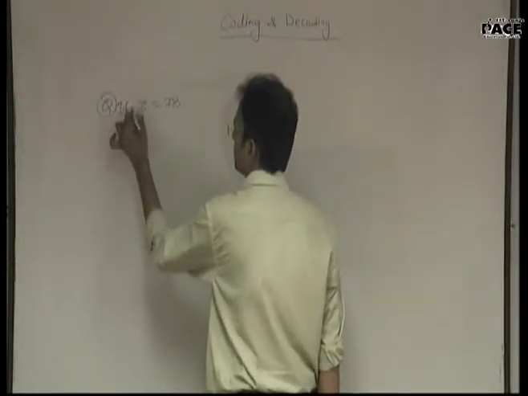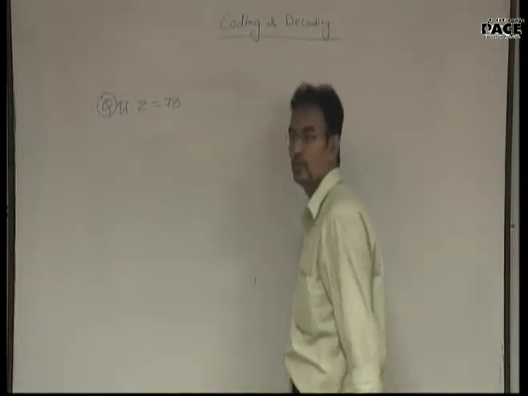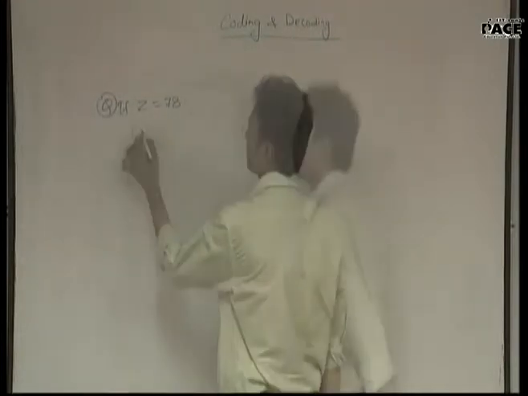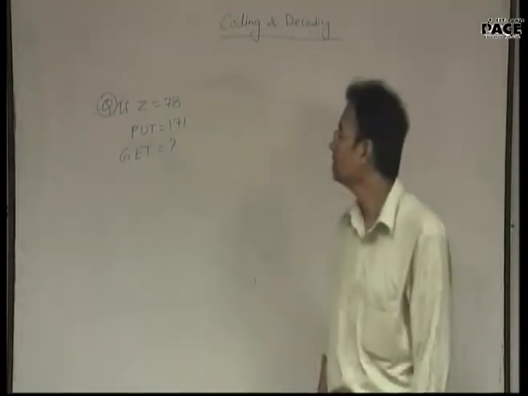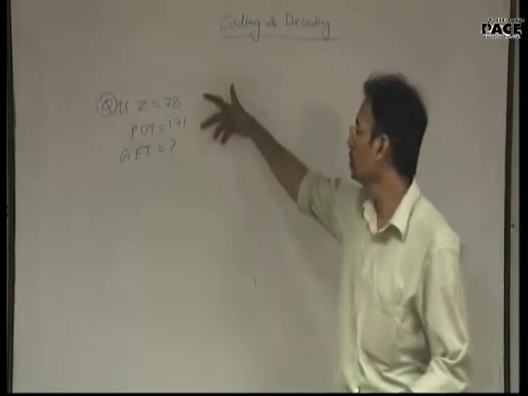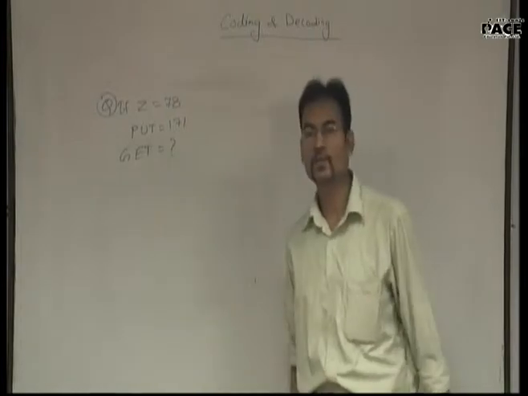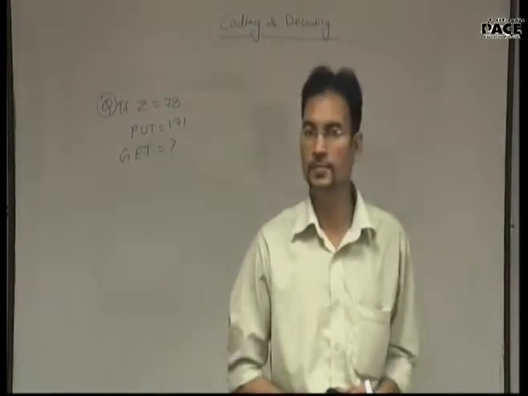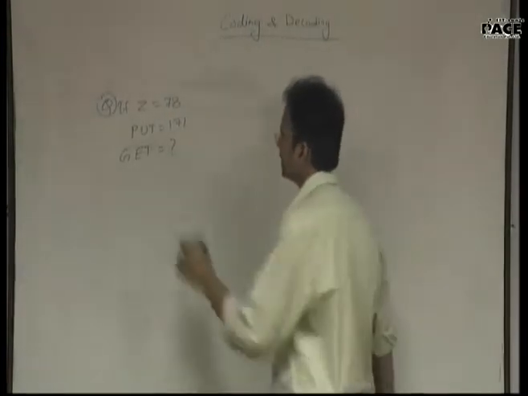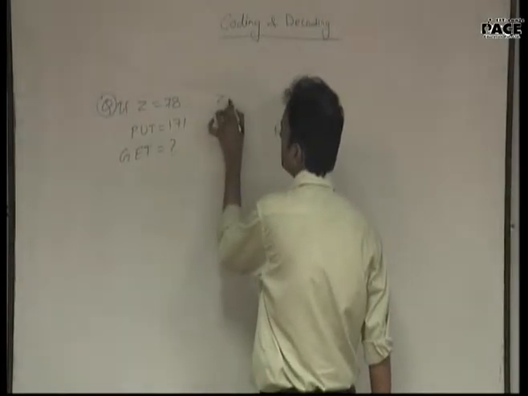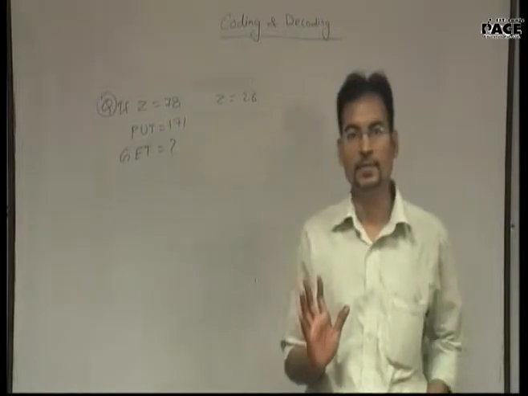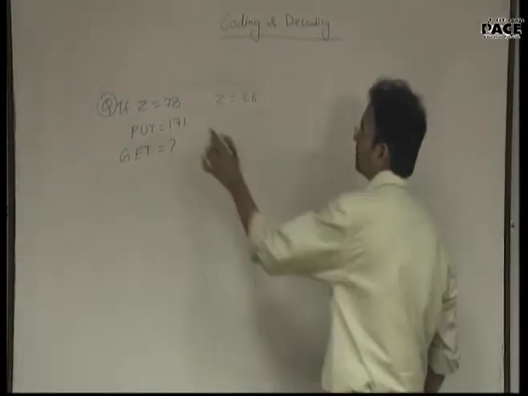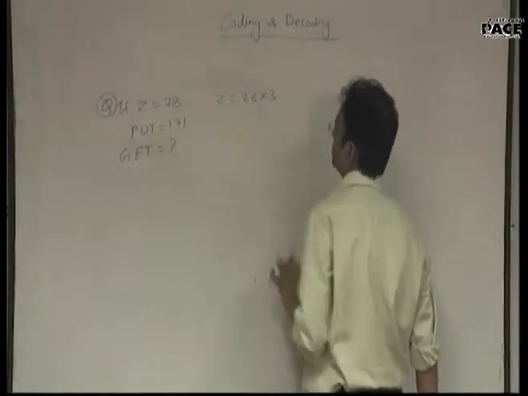If Z equals 78, and 171, with the help of these two, we have to find out what will be the value of GET. Now here you can see that Z is 26th in our alphabet, and here it is 78, which is 3 times this value.